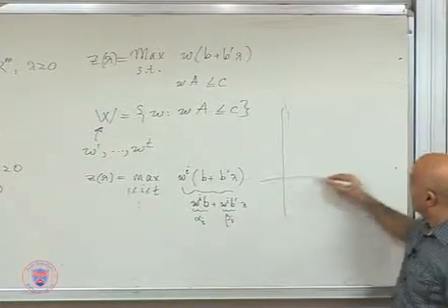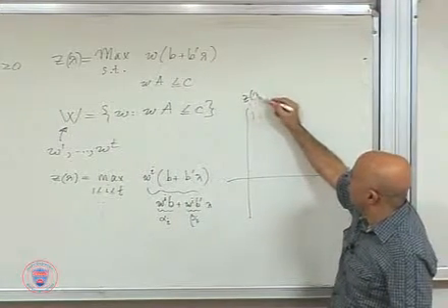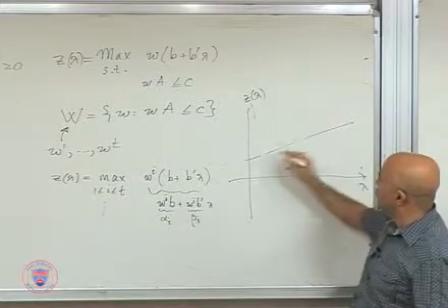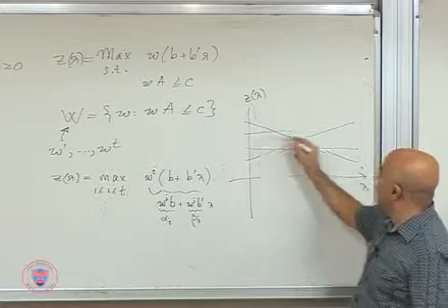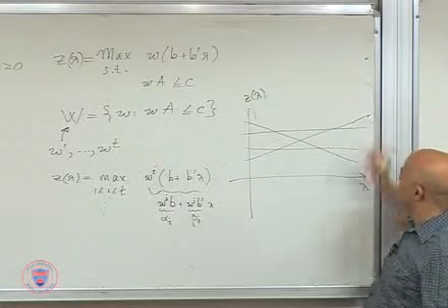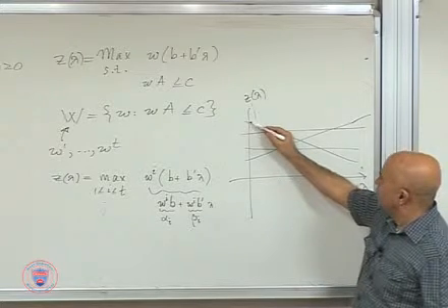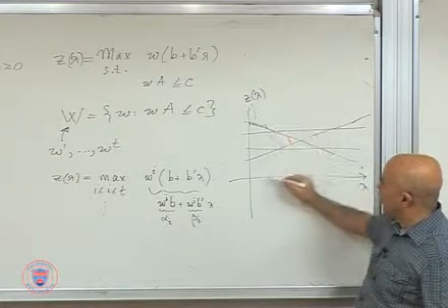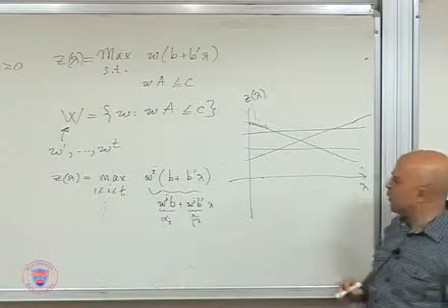And if you plot this, of course, each linear function will look something like this. With appropriate slopes. And for fixed lambda, you're looking at the pointwise maximum of each of these numbers.